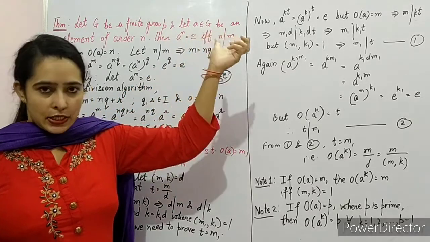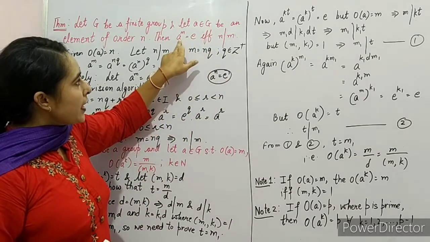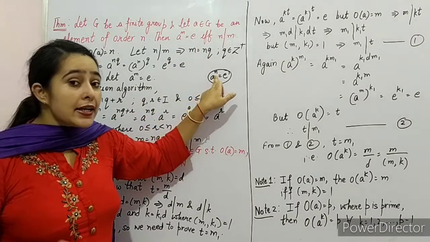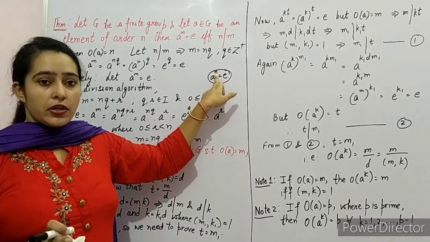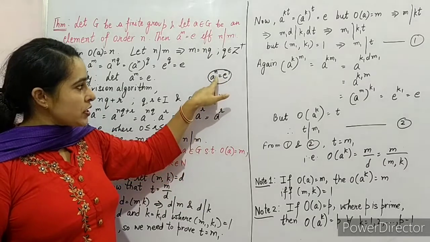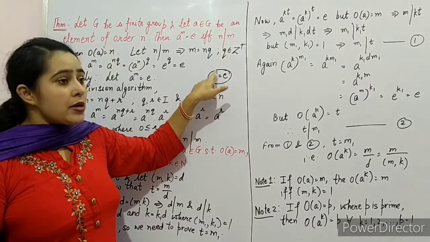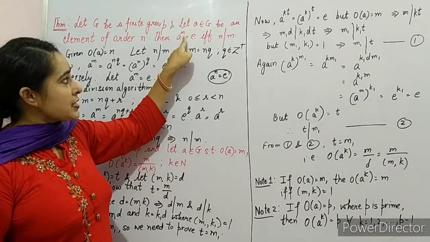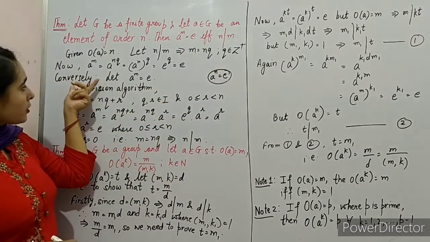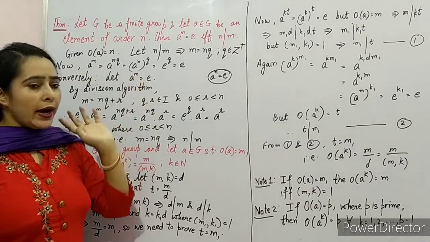What this result actually says is that if A raised to the power m is equal to identity and n is the order, that is, n is the smallest positive integer which satisfies this condition, then this smallest positive integer n, the order of A, must divide every other such m which satisfies this property. Right?